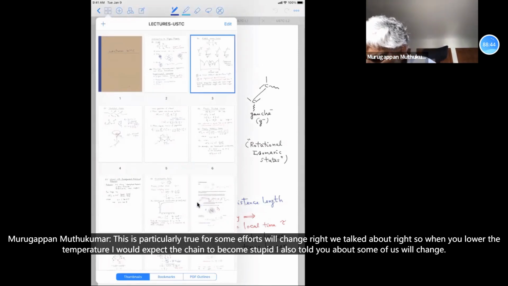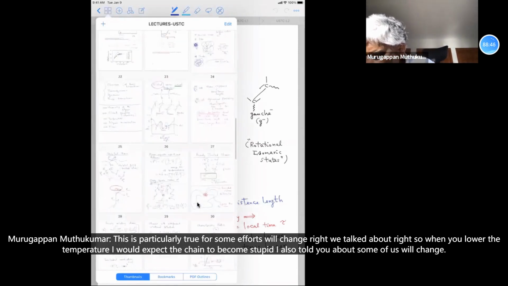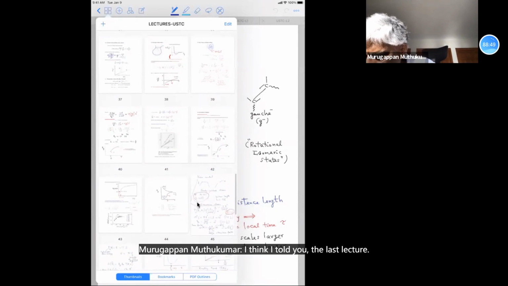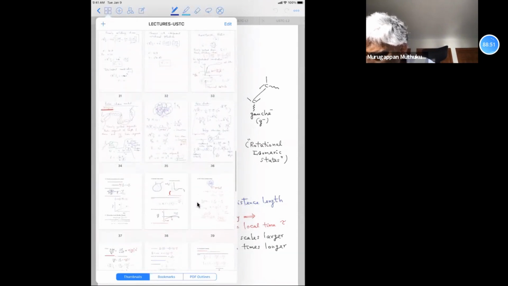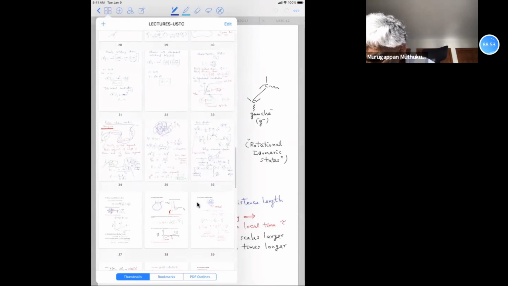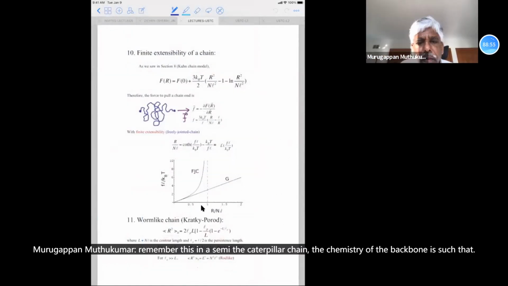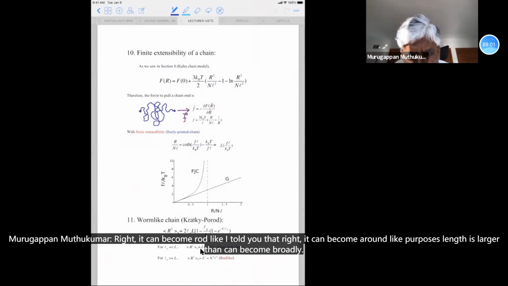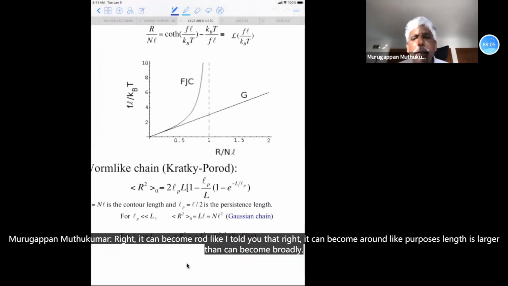I also told you about semi-flexible chains. I think I told you in the last lecture. Remember this? In the Kratky-Porod chain, the chemistry of the backbone is such that it can become rod-like. I told you that, right? Persistence length is large, so it can become rod-like.